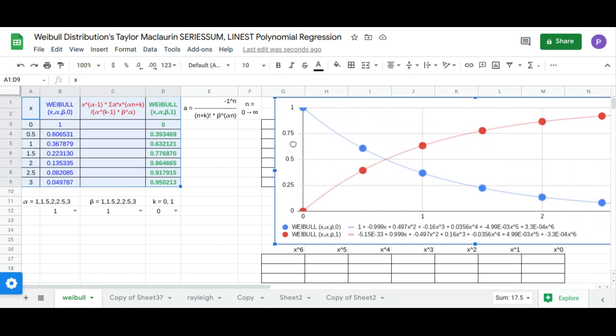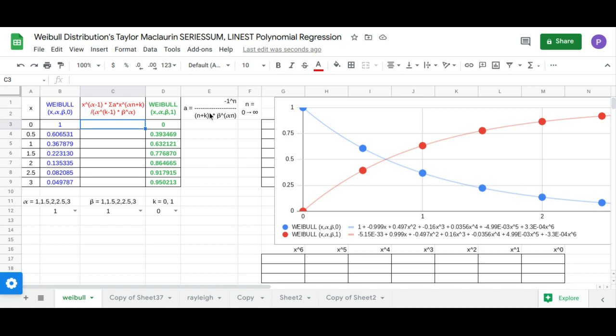So here we have the formula, which is x to the power alpha minus 1 times the summation of a times x to the power alpha n plus k all over the quantity alpha raised to the power k minus 1 times beta raised to the power alpha.